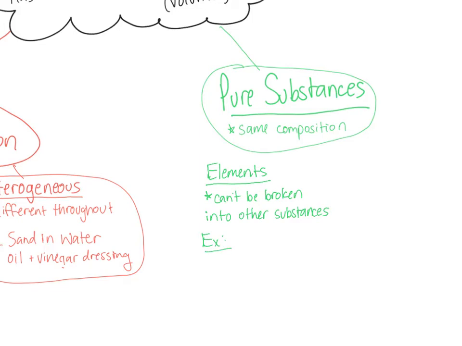So aluminum, right? Like aluminum foil that you use in your kitchen that's made up of just plain aluminum and it's an element. And I can take a slice, a piece, a microscopic, tiny little piece of that aluminum foil, and it'll always just be aluminum. And that's it. And it'll always be the same throughout. Other examples, notable elements like oxygen on the periodic table or hydrogen, any of those things would work.